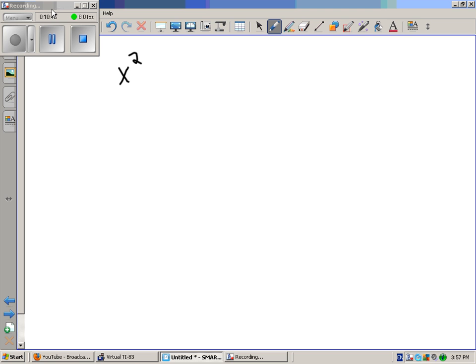What if we have x squared minus 9 divided by x plus 3? Now, looking at that numerator, it's a difference of squares. We would expect that to be x minus 3, x plus 3, and the x plus 3's would cancel out, so we expect x minus 3.